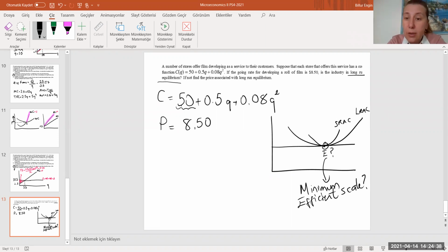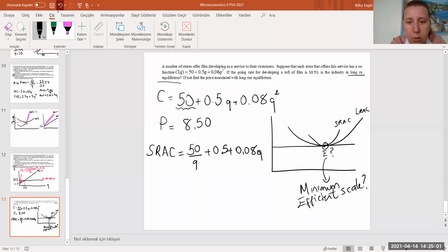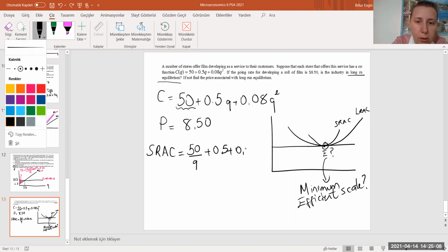Okay, so let's start to find the short run average cost function, which is 50 over Q plus 0.5 plus 0.08Q.